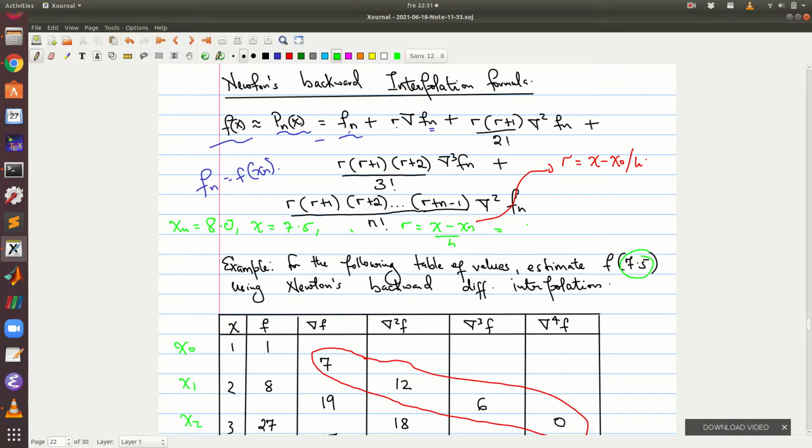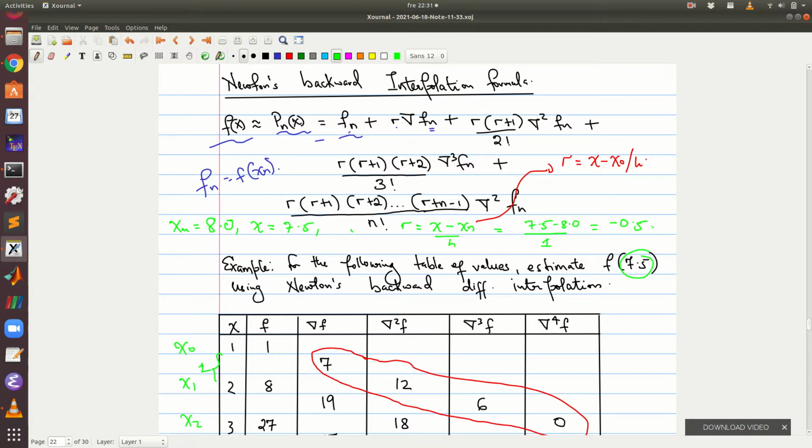What is our x? Our x is 7.5. Then xn is 8, divided by h. H is uniform, it is 1. So we divide this by 1 and we get negative 0.5.